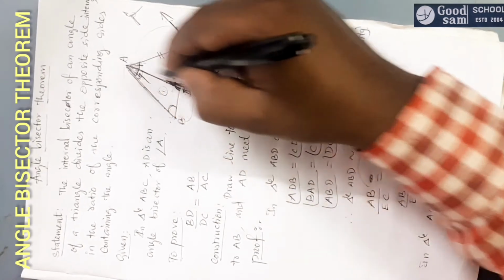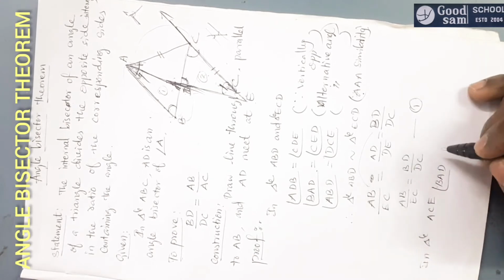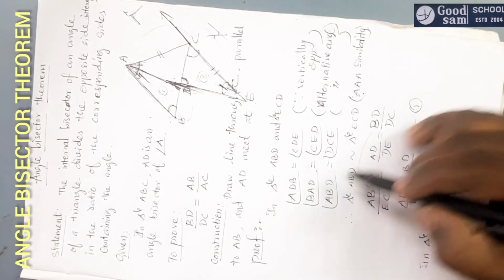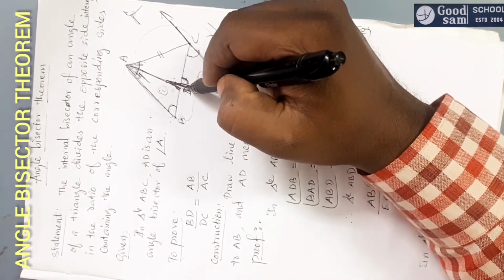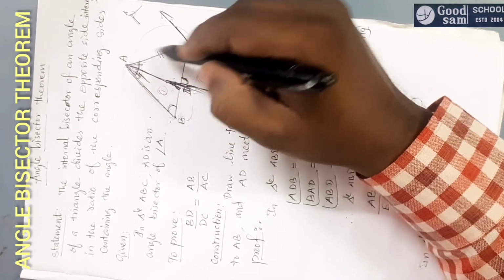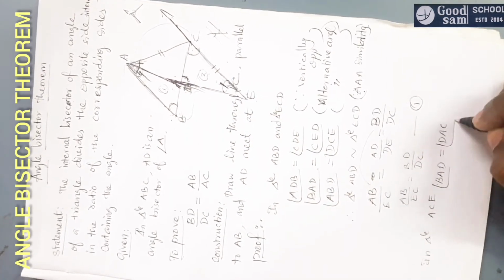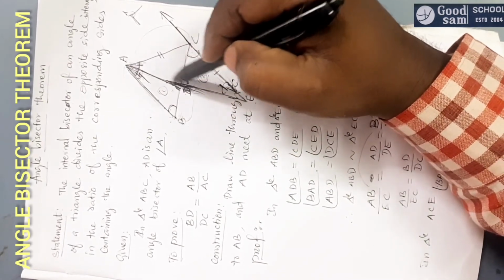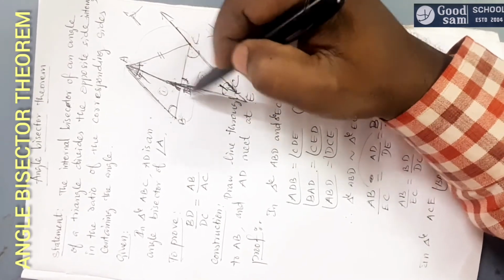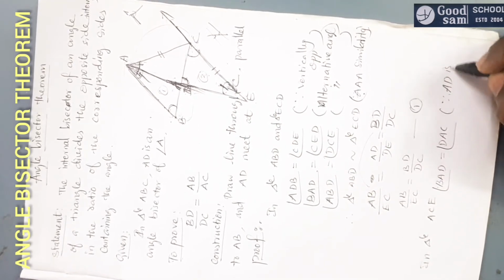Angle BAD is equal to DAC, because AD is an angle bisector.